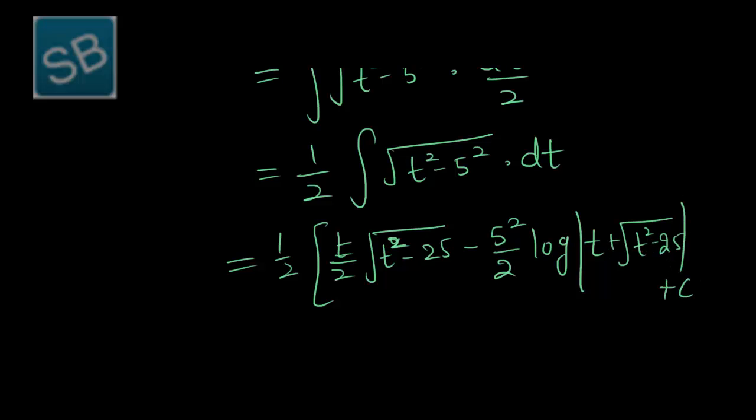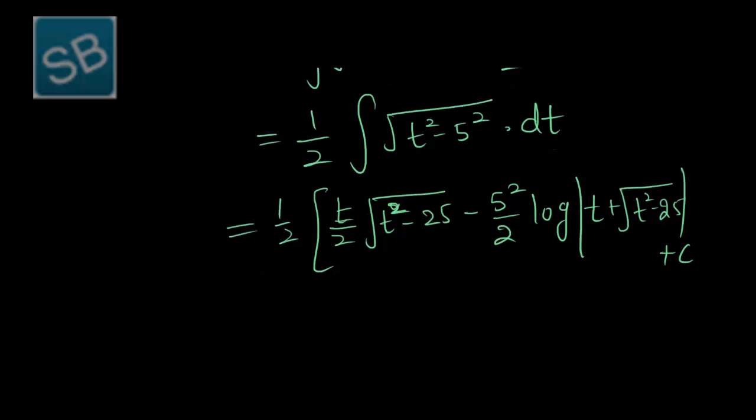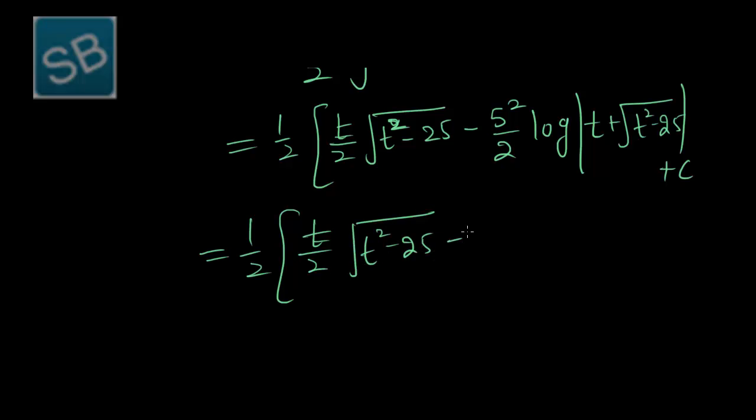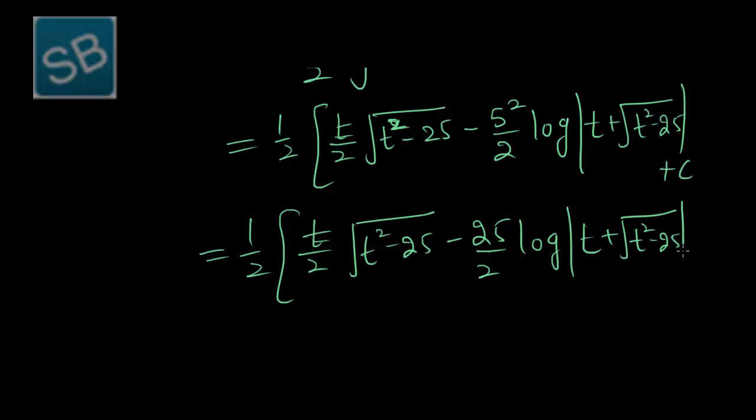So that is the formula used. So here we get half, t by 2 under root t square minus 25, minus 25 by 2 log of t plus under root t square minus 25, plus c.